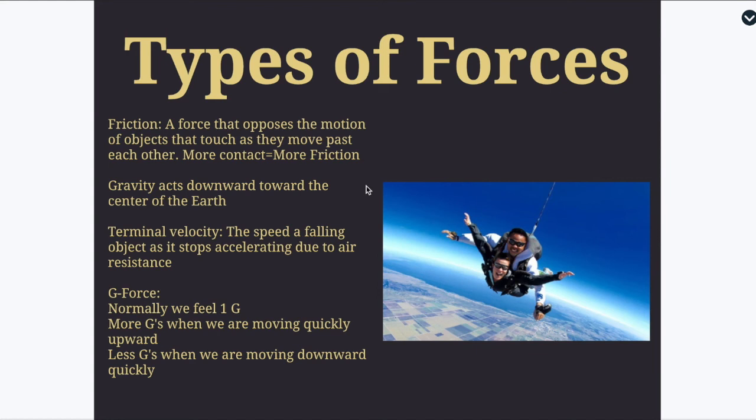And you're actually going to reach a point where you're moving so fast and so many air particles are hitting you that the friction from them counteracts the force of gravity, and you reach a maximum speed. So you don't speed up anymore. You're not slowing down necessarily, but you're not speeding up. And so at that point, the net force on you is 0. And so you reach terminal velocity. So you're still falling, but you aren't speeding up.